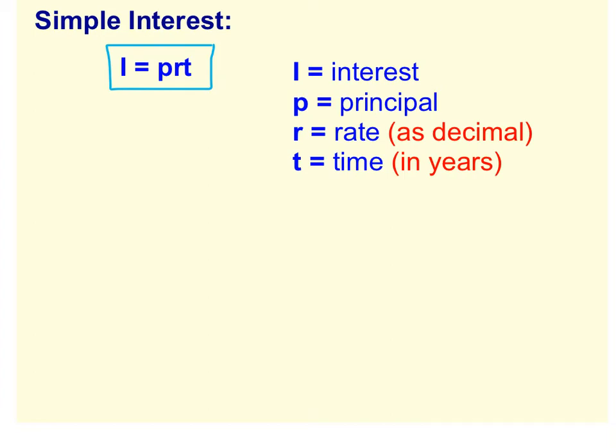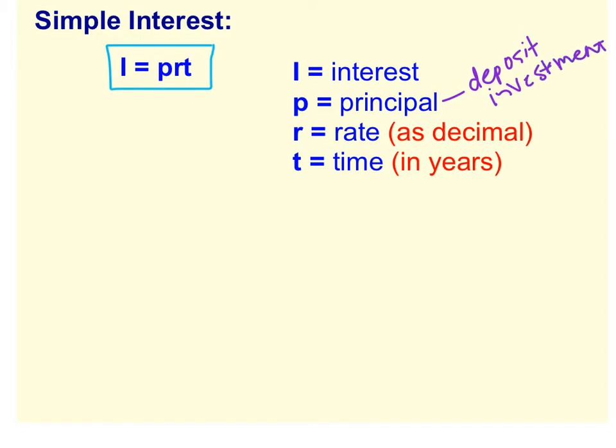So you've got the formula, and then you want to make sure that you write down what each variable stands for. I is the interest earned on the account or on the investment. P is the principal amount. So that's a banking term. In math, we want to think about it as the deposit or the investment, depending on what the example is.